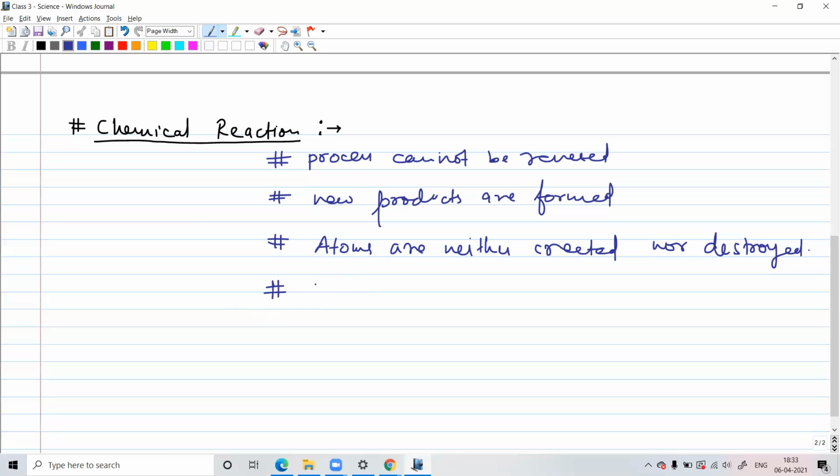But of course we can say that the number of atoms will not change after the chemical reaction has taken place. That is what it means to say that atoms are neither created nor destroyed. So whatever atoms were there before, they are not destroyed, which means they will be there after the reaction also. Right.